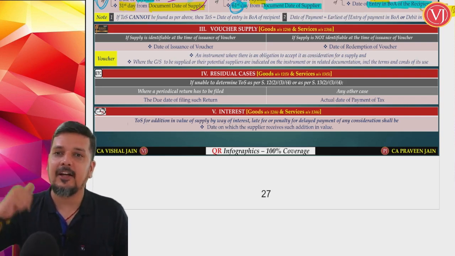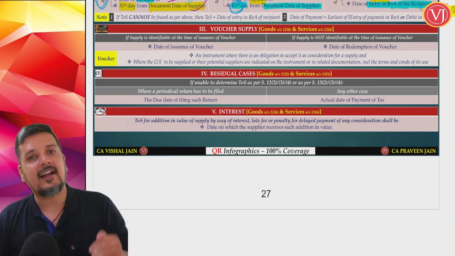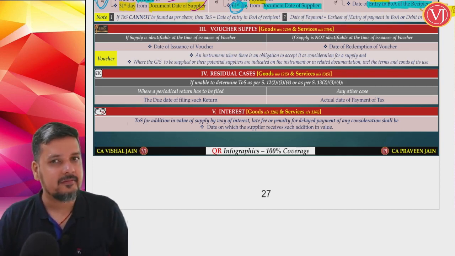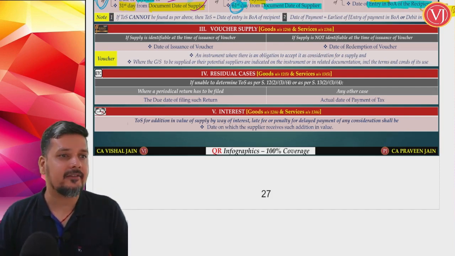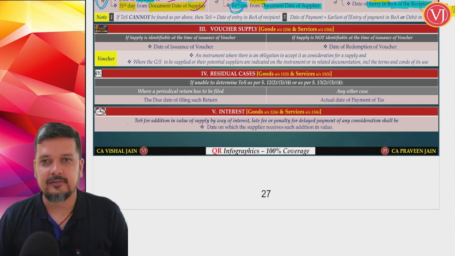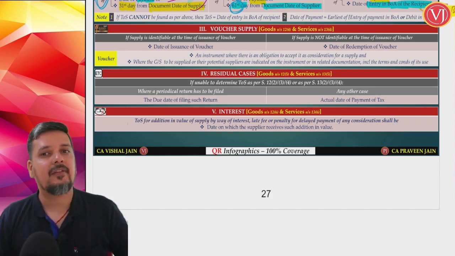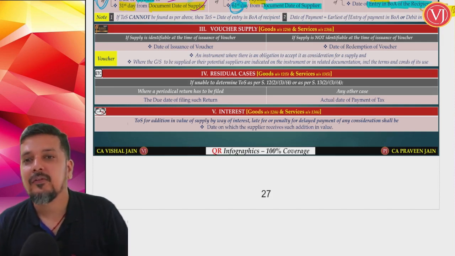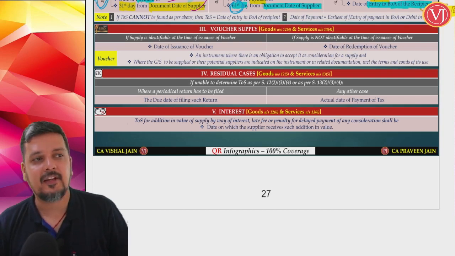Big Bazaar, Pizza Hut to Tata Limited will always attract GST. Tata Limited to employees may or may not. If ITC is taken, GST will attract. If ITC is not taken and the gift value is up to 50,000 per employee per financial year, no GST.